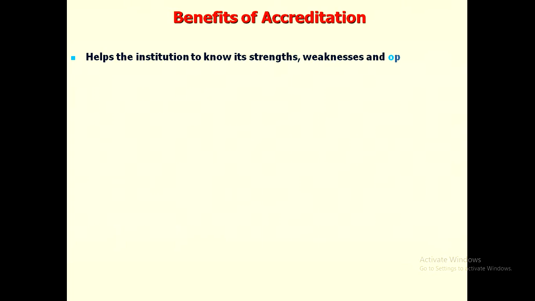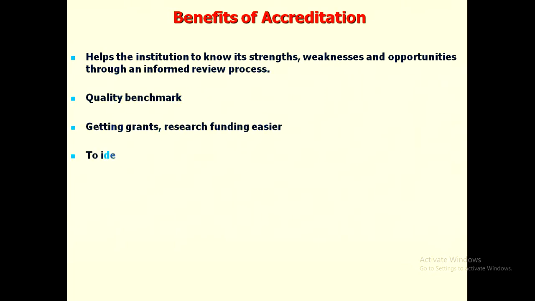They check whether these students of India have passed from a NAAC accredited institute or not. And what are the direct and indirect benefits of getting the accreditation? First of all, the university comes to know its strengths, weaknesses, opportunities and challenges after the evaluation process, so that it can determine the next 5-year or 10-year goals.